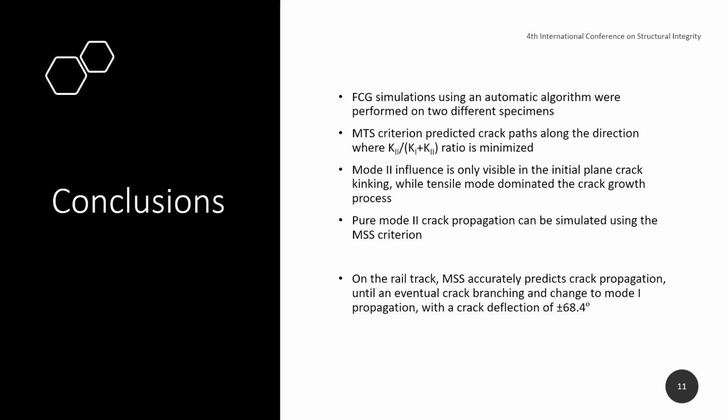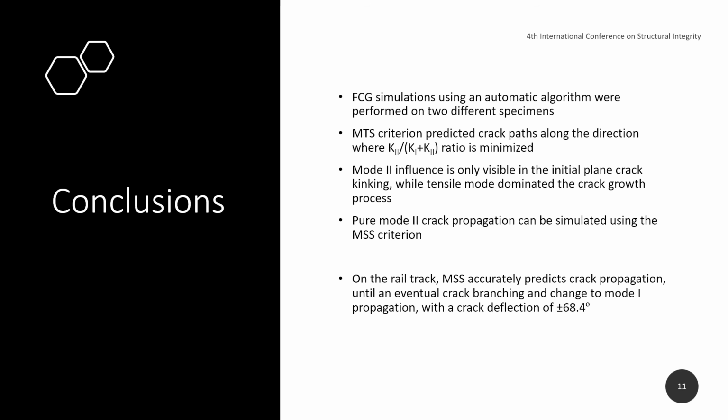Therefore, we can conclude that fatigue crack propagation simulations were created using an automatic algorithm performed on different specimen types. MTS criteria predicts crack propagation along a path where the mode 2 is minimized, while the mode 2 influence is only visible on the initial crack propagation deflection direction, while tensile mode dominates the rest of the crack propagation process.